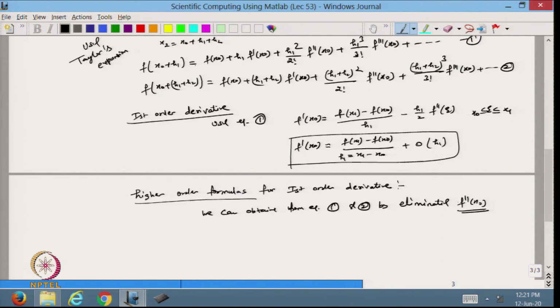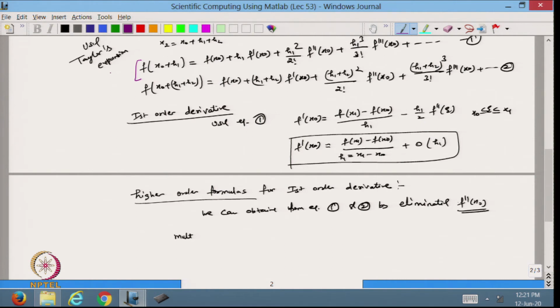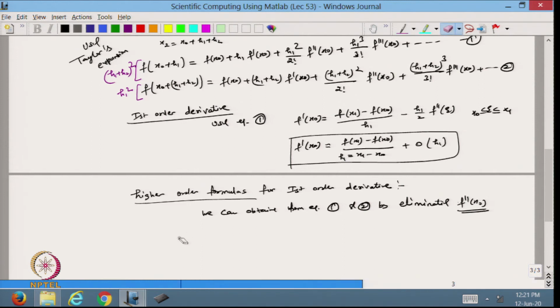What I do is, I multiply this equation with (h1 plus h2) square, because this is there, and I multiply this equation with h1 square, and then I subtract. So, I can write from here (h1 plus h2) square multiply equation 1 minus h1 square multiply equation 2.